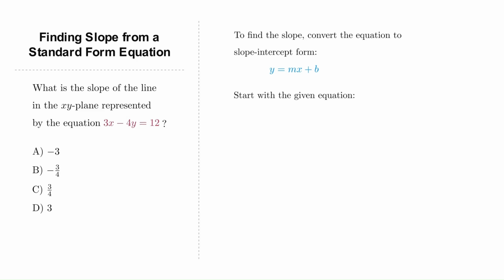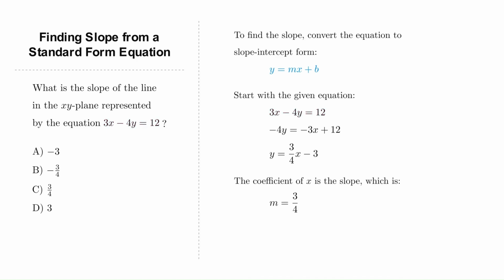Let's begin with the given equation, 3x minus 4y equals 12. First, isolate the y term by subtracting 3x from both sides. Next, divide every term by -4 to solve for y. In slope-intercept form, the coefficient of x is the slope m. Here our slope is 3/4. Looking at the options on the left, this corresponds to option C.